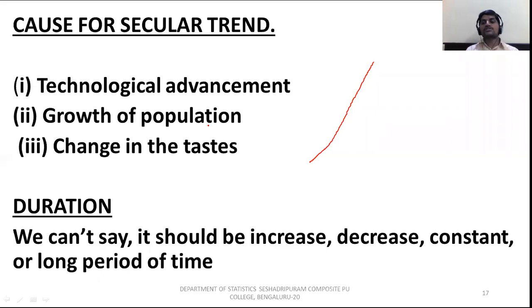Definitely these happen for secular trend over time. The time variable we consider could be a day, a month, a week, or a calendar year. Every day we are predicting, and that is one component of secular trend.